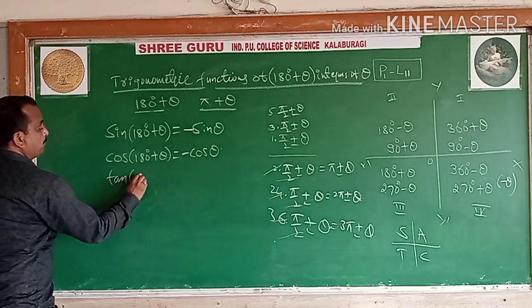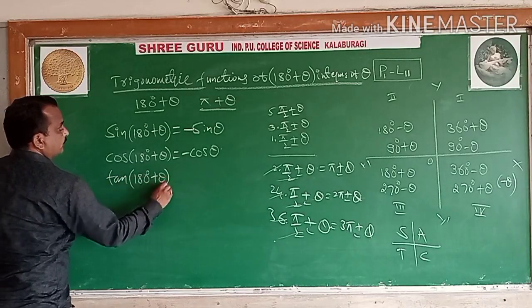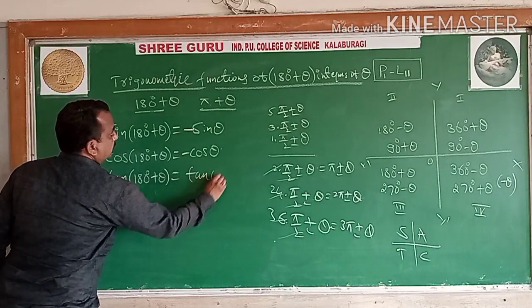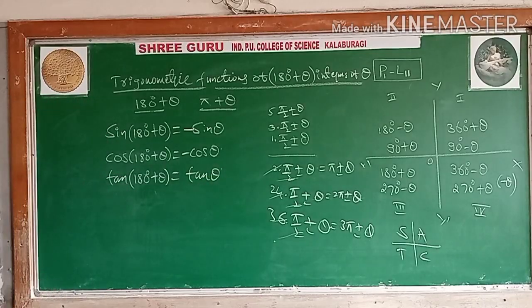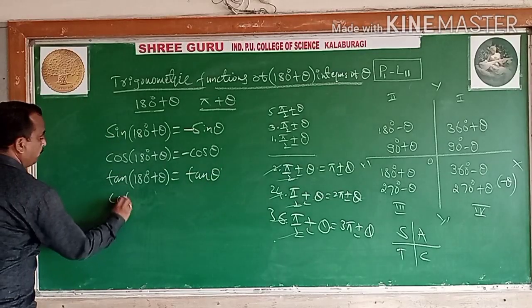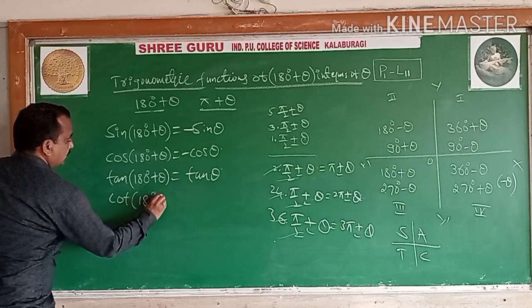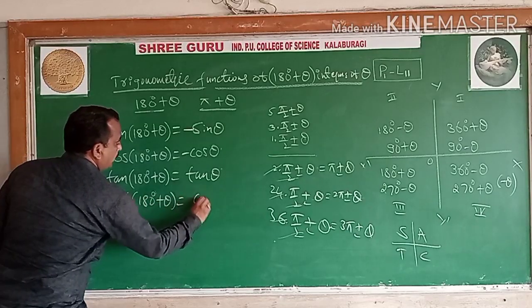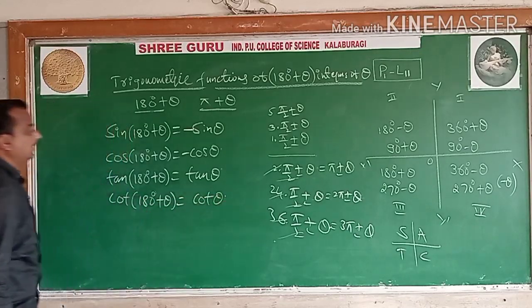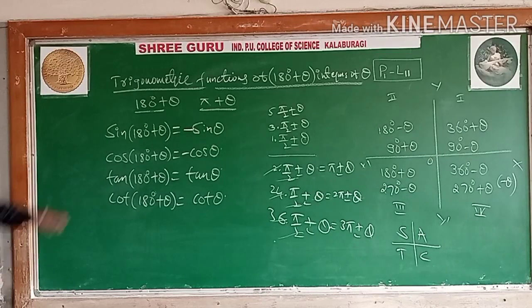Tan 180 plus theta: tan is positive in the third quadrant, cot also positive. Tan and cot are only positive in the third quadrant.